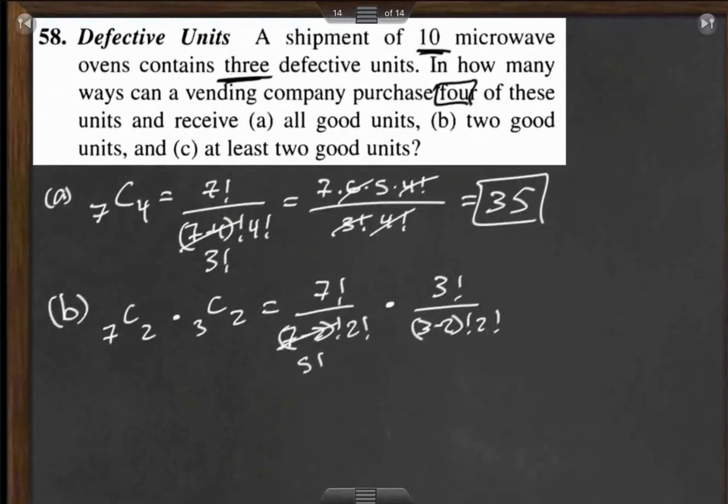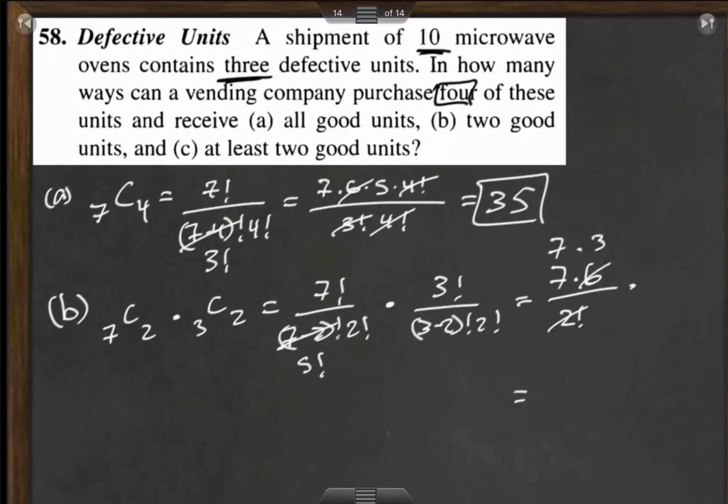Simplifying the first one, let's write 7 times 6, and the 5 factorial is gone on the bottom. We just have 2 factorial, so that's 42 on the top. Actually, I could have simplified that: 2 factorial cancels away, and this is 3 times 7, which is 21.